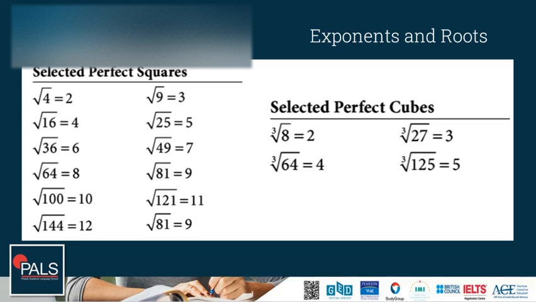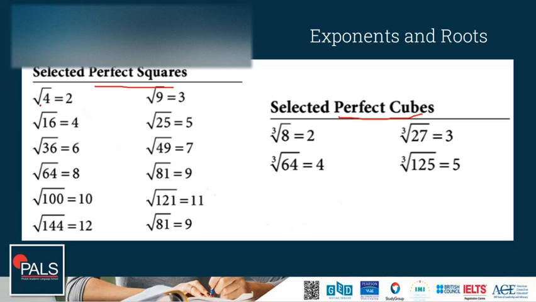Now, numbers for which the square root or the cube root is a whole number are referred to as perfect squares or perfect cubes. It is a good idea to know some of the common perfect squares and perfect cubes. Look at the common perfect squares and perfect cubes on the screen.